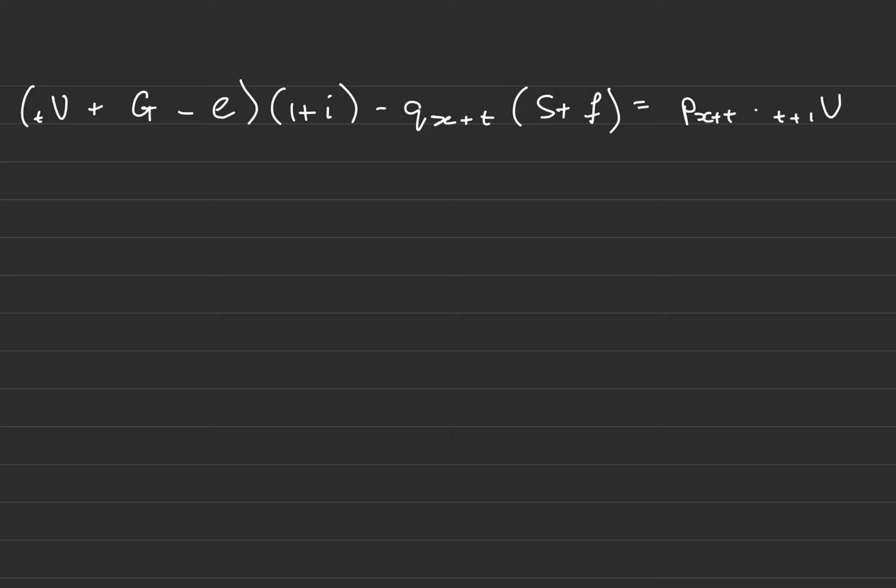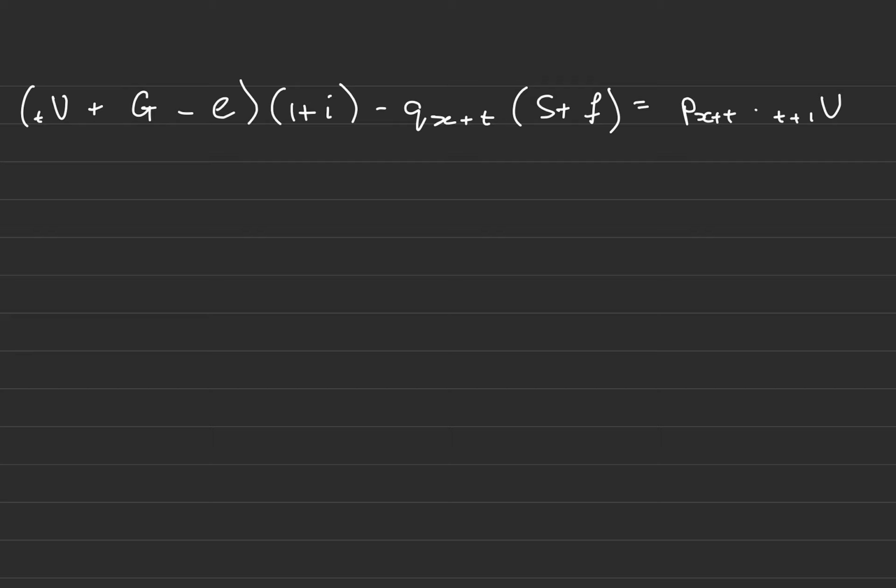So if a life aged x plus t dies within the next year, then I pay out this amount, S plus F. The expected amount I'm paying out is the probability times that value. So I have this lump sum that gets increased to the end of the year, and at the end of the year, I pay out this amount. Then that should leave me with some number at the end of the year.